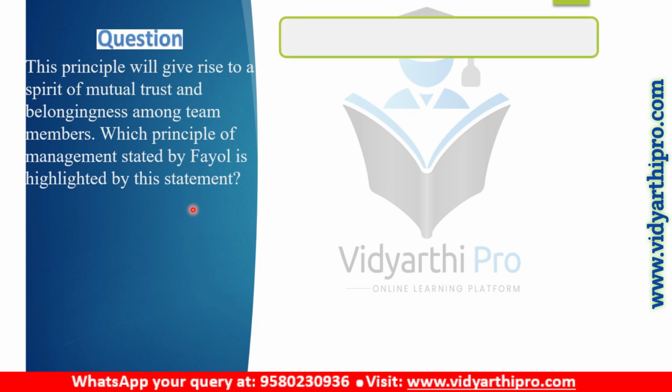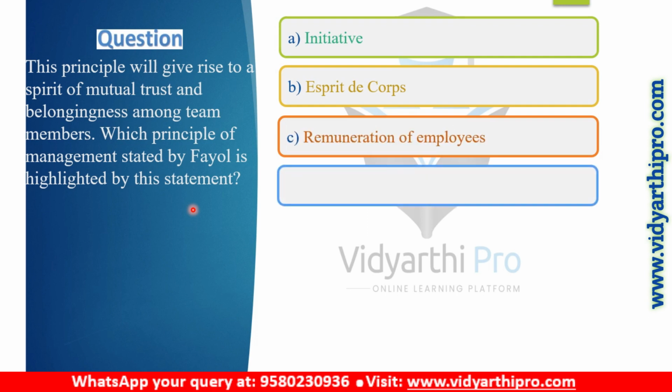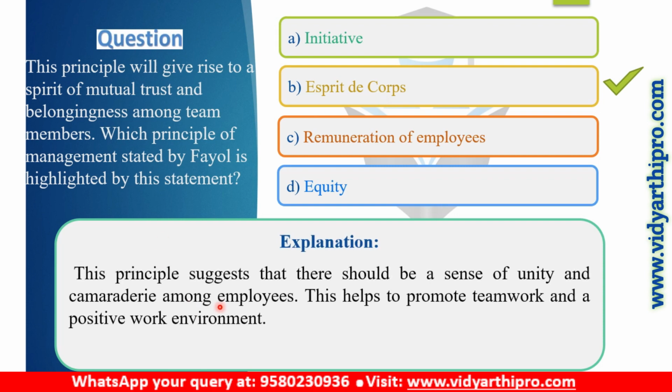And the options are option number 1, initiative; option number 2, spirit de corps; option number 3, remuneration of employees; and option number 4, equity. And the correct answer for this question is option number 2, spirit de corps. Because the principle suggests that there should be a sense of unity and harmony among employees. This helps to promote teamwork and positive work environment.